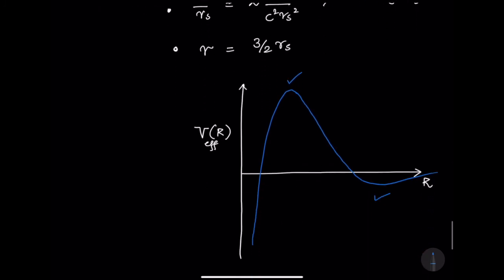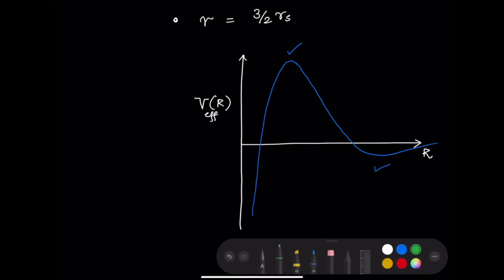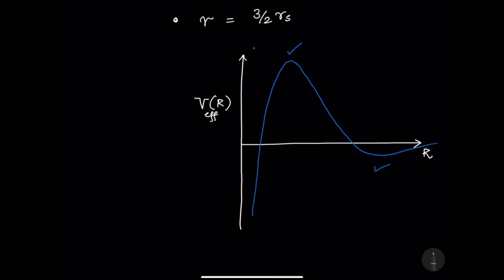If I try to plot the corresponding thing for Newtonian gravity, it looks like this. Obviously, they don't have the same values of L, etc. But the curve looks like this, which has a single minima here.